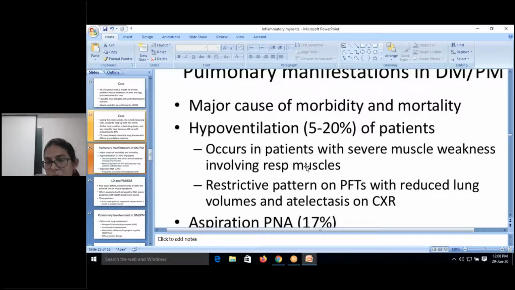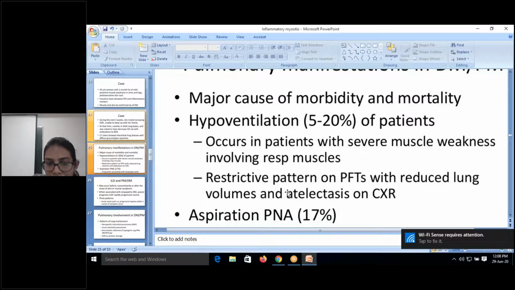Because of that, the patient is not able to take in respiration properly, and can have decreased oxygenation. A restrictive pattern of PFTs can be present with reduced lung volumes and atelectasis on chest X-ray. Aspiration pneumonia can occur.